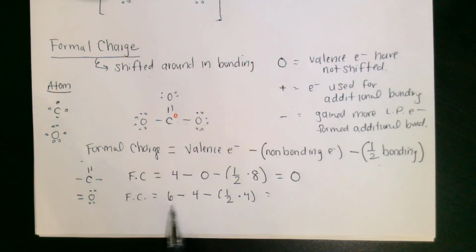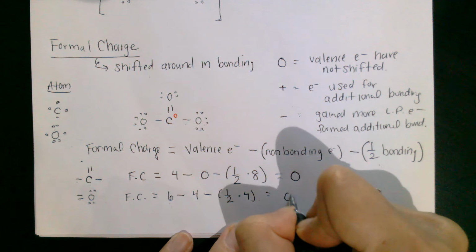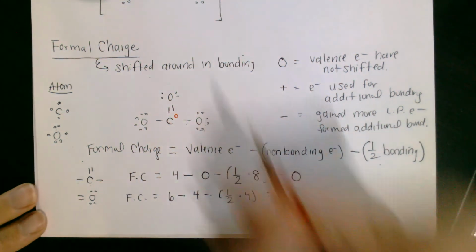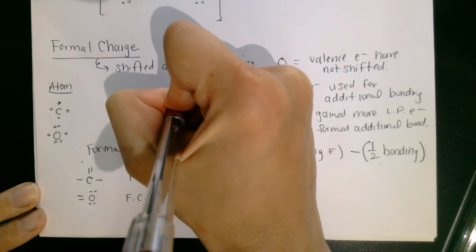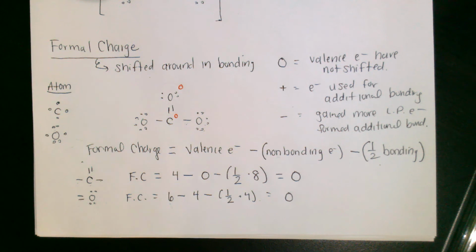So we have 6 subtract 4, which gives us 2. Subtract half of 4, which is 2. So we have 6 minus 4 minus 2, which gives us 0. This oxygen has a formal charge of 0. Nothing super exciting yet. Everything is working out. Electrons haven't been shifted around that much so far.